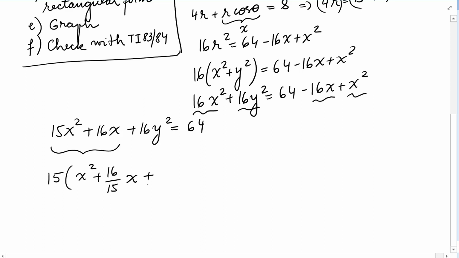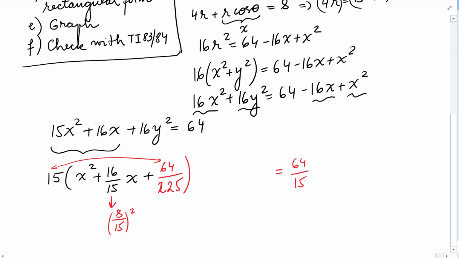And then I want to add half of this squared, which is 8 over 15 squared. So I'm going to add 64 over 225, but when I add it here, I'm going to subtract it on the other side. So 15 times 64 over 225 is 64 over 15. Now we balance the equation, plus 16y squared plus 64.